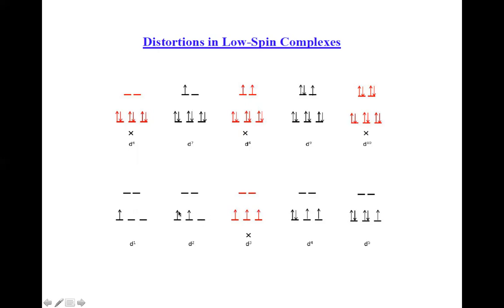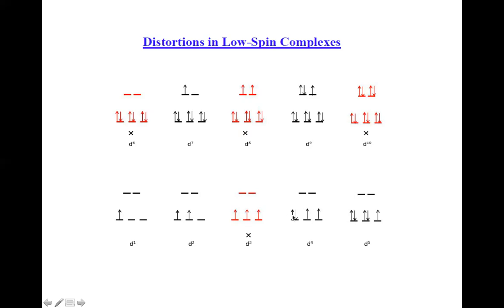Out of these three, only two are occupied, so it is asymmetric. So here also it will undergo Jahn-Teller distortion. But in a d3 configuration, all the t2g orbitals are half filled, but still they are symmetric, and that's why it will not undergo any kind of Jahn-Teller distortion.